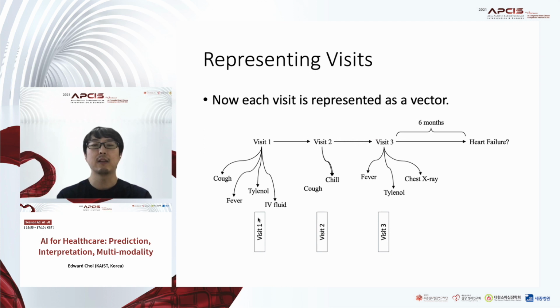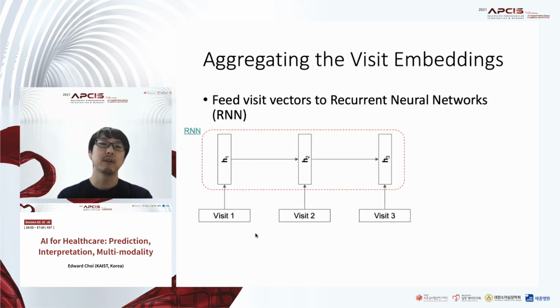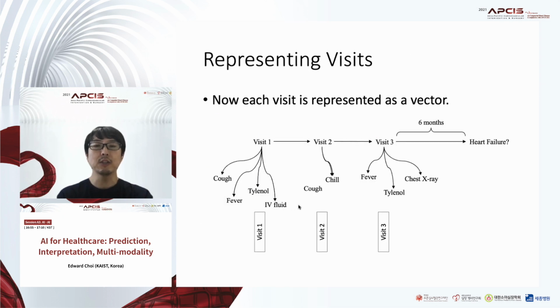So these three visits are now all turned into vectors, and then you can sum these vectors up to obtain the final patient representation, because a patient is, after all, just a sequence of visits in my diagram. But simply adding these three vectors would destroy the order between visits. Visit 1 came before visit 2, and so on.